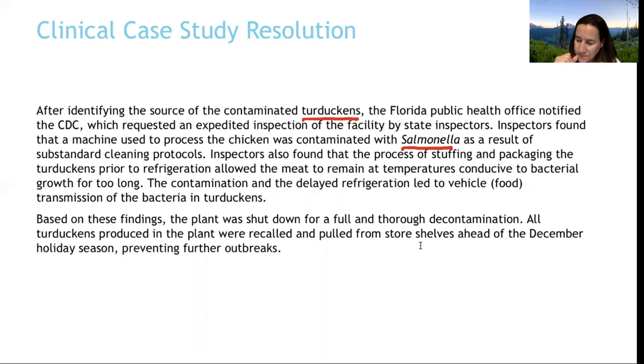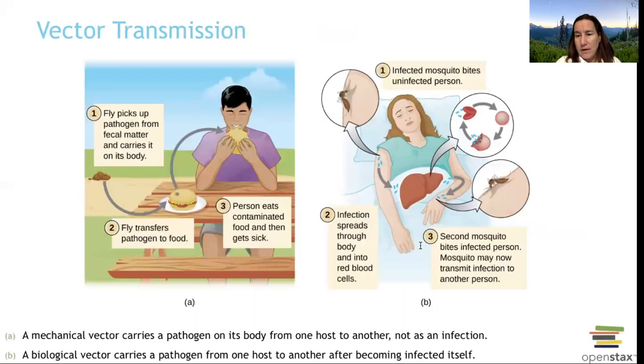So it wasn't clean. They were spreading salmonella to everybody. The plant ended up being shut down and decontaminated. And then they recalled all the bad turduckens with the salmonella and pulled them so nobody else got sick if they decided to have turducken for Christmas. We're safe there.